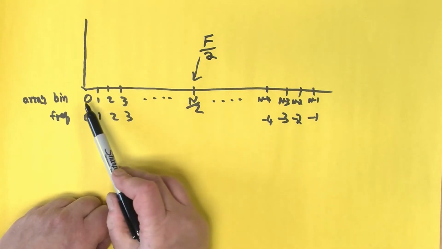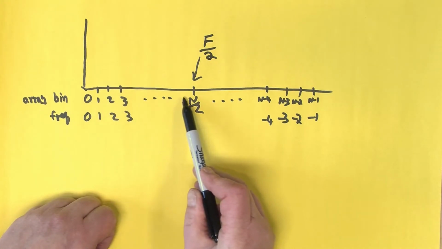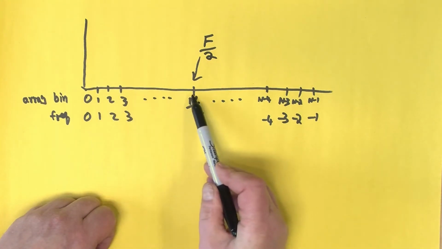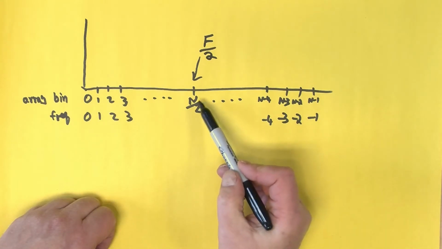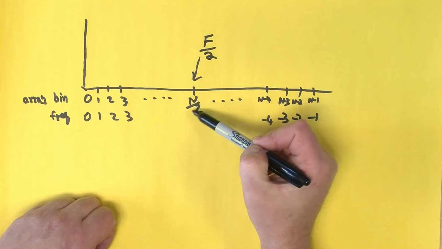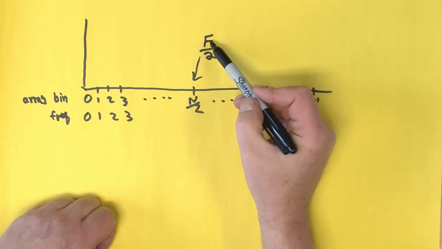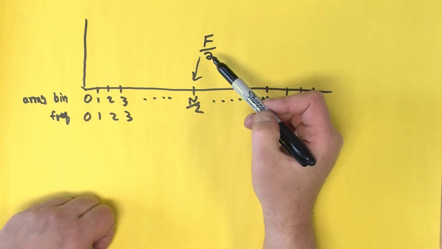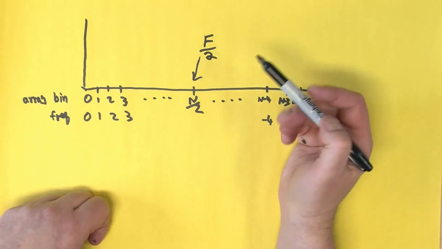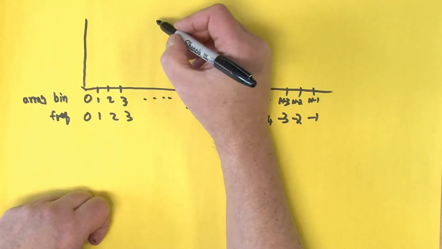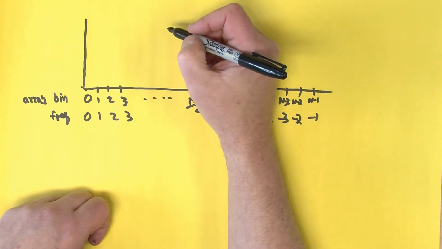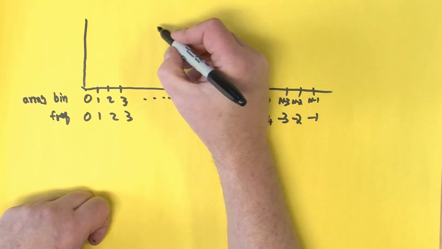So if there are n over 2 bins over here, with the first bin at 0 frequency and the n over 2th bin at f over 2, it's actually quite easy. And that is, each bin is f over n hertz.